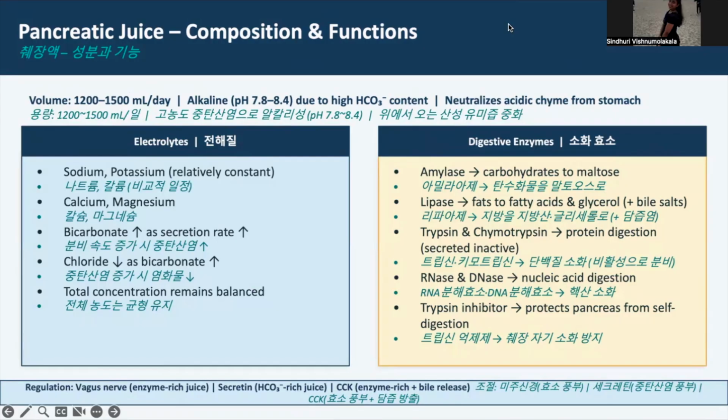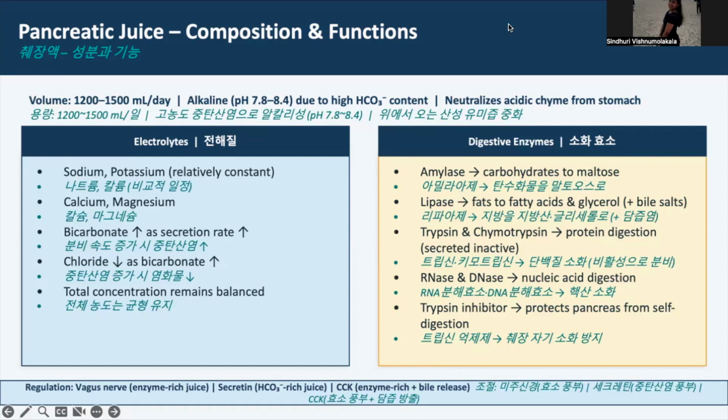Now that we understood the functions of the endocrine part of the pancreas in detail, let's understand the exocrine part, which is the pancreatic juice that plays a crucial role in digestion. So let's understand the composition and functions of pancreatic juice.